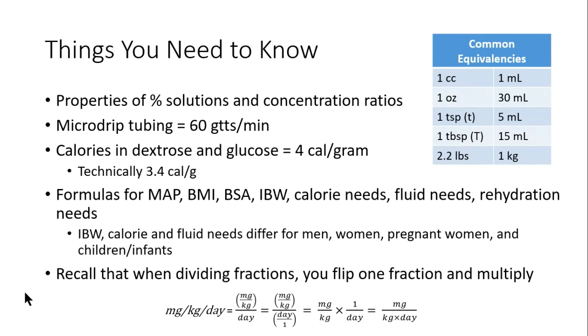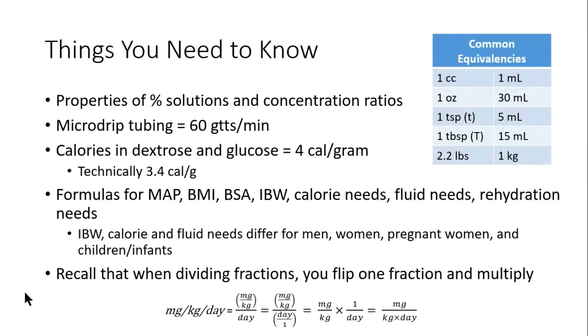So for example, let's say the problem says it's milligrams per kilogram per day. If you wanted to write it as a fraction, it would be milligrams per kilogram, all of that divided by day. Now, if in the bottom you don't have a fraction, it is the same as having it over 1. So it could be rewritten as milligrams per kilogram divided by day over 1.